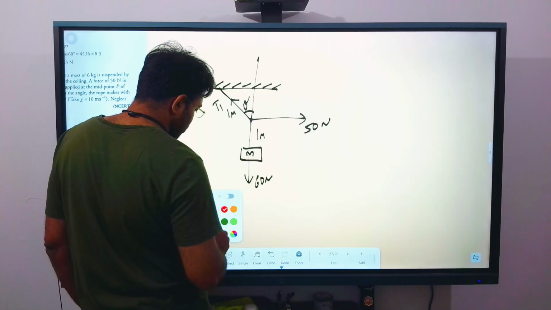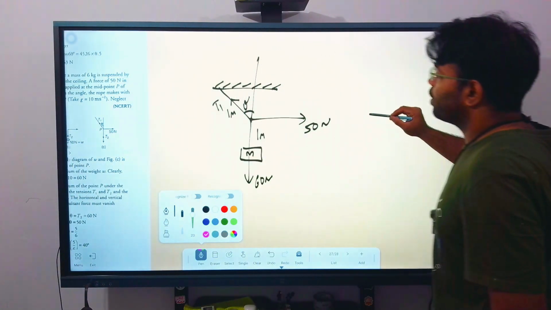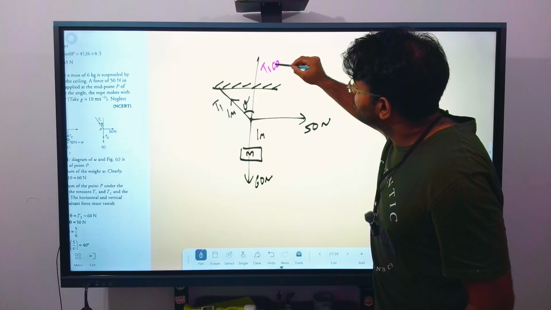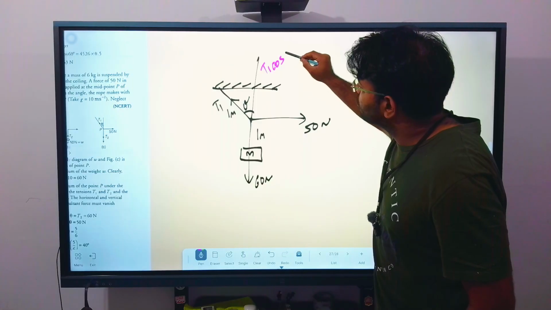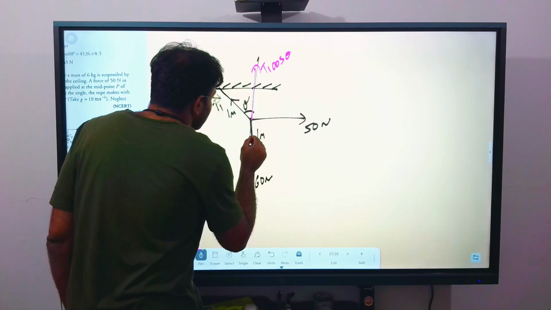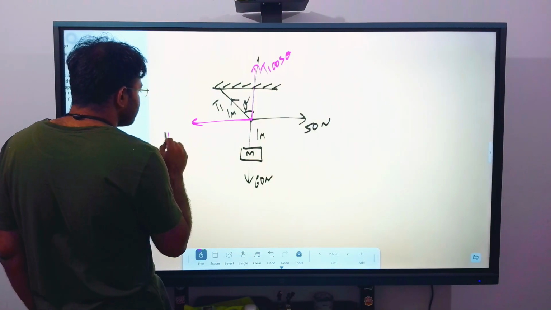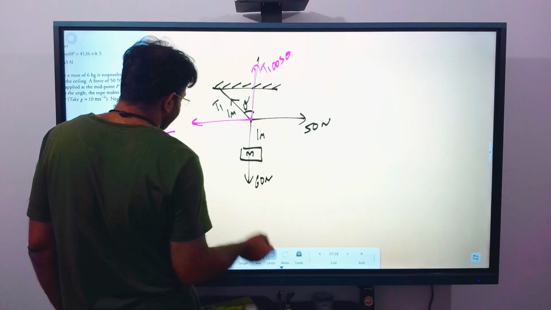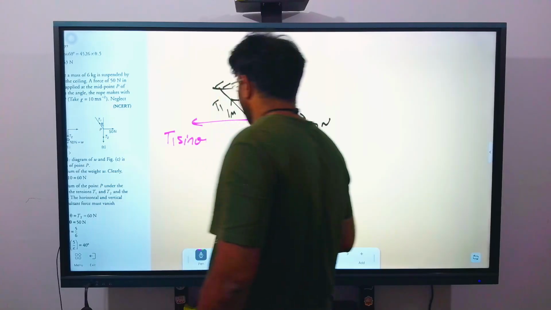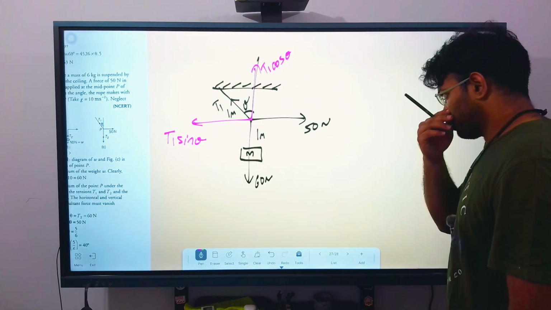This becomes T1 cos theta in the upward direction and this becomes T1 sine theta, and this whole system is in equilibrium.